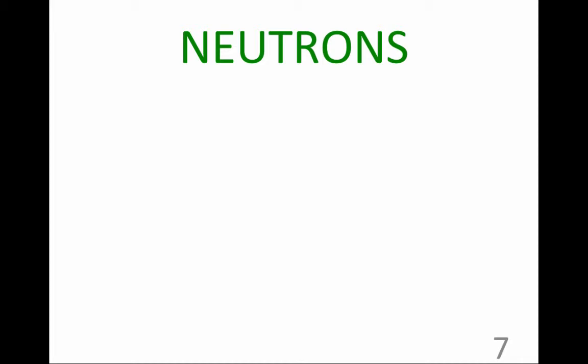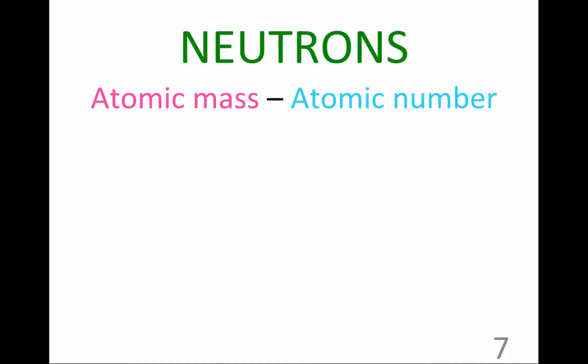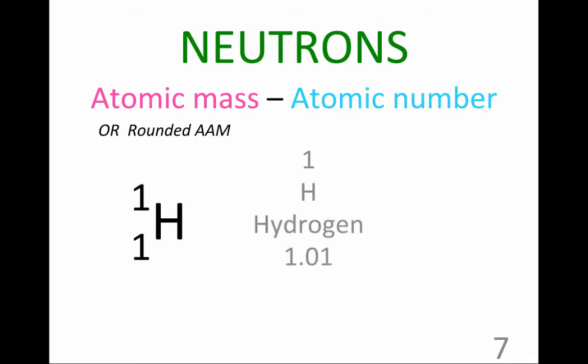Neutrons are second. How do we find the number of neutrons? Well, neutrons are the atomic mass minus the atomic number, or essentially they make up the extra mass in the atom. So you take the rounded average atomic mass, or the given atomic mass, minus the number of protons, and that'll be the number of neutrons. So looking at isotope notation 1 or periodic table notation, it's going to be 0.